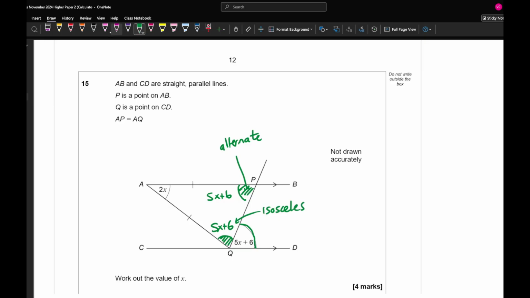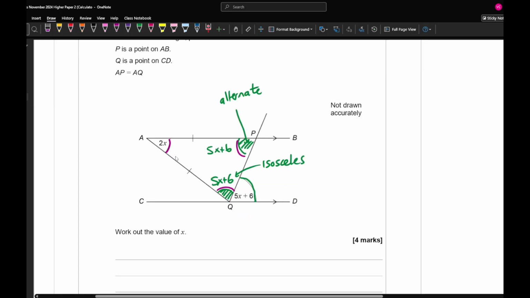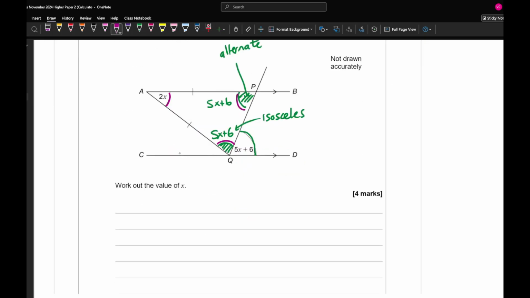Now angles in a triangle add up to 180, so if I add up all of these three angles, it should give me 180. So I've got 2x plus 5x plus 6 plus 5x plus 6 should equal 180.